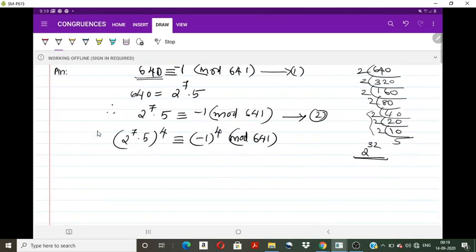So 2 raised to 7 raised to 4 is 2 raised to 28, into 5 raised to 4, is congruent to 1 modulo 641.